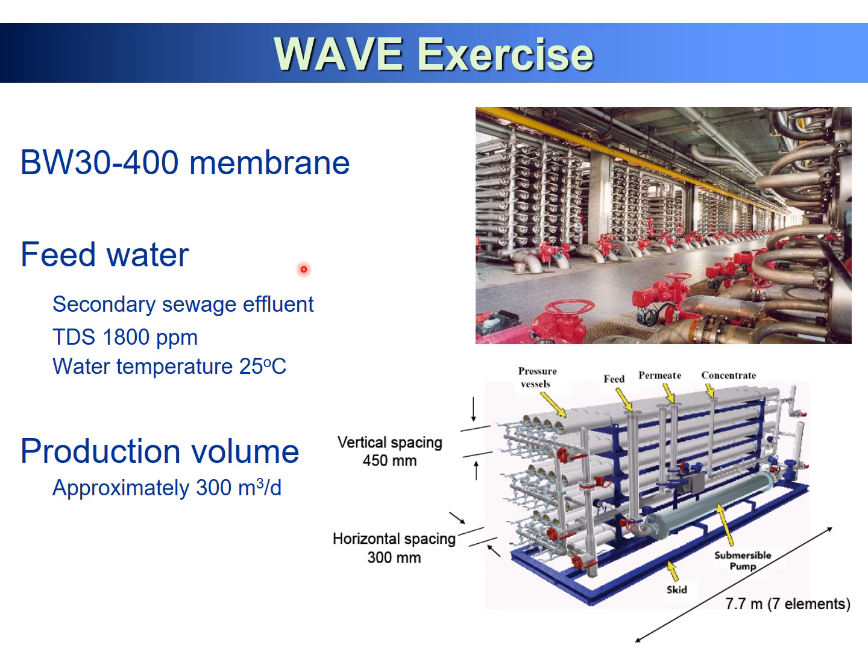Production volume is 300 cubic meters per day. So we need to design this kind of membrane system, pressure vessel and pump, and the stage and pass, how many pressure vessels are required, and elements.